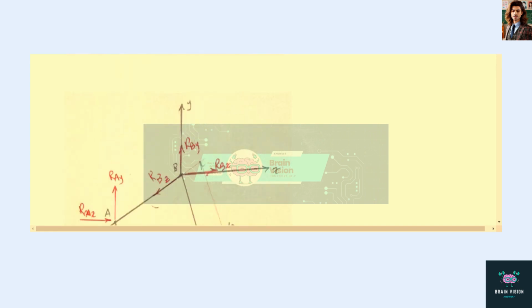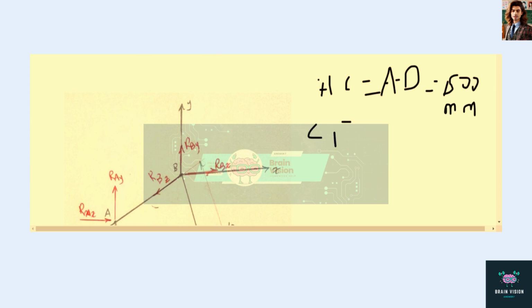sine theta 2 is equal to, let me write it, all the things over here. AC is equal to AD is equal to 1500 mm. CF is equal to 300 mm.